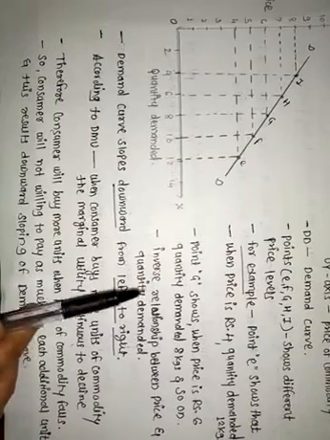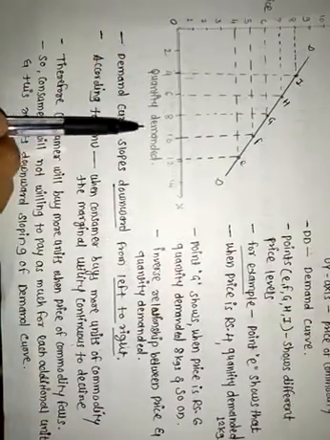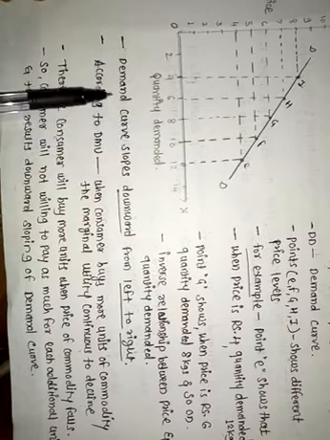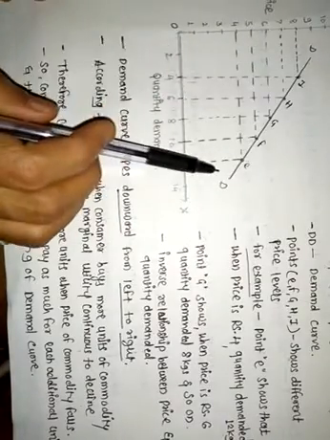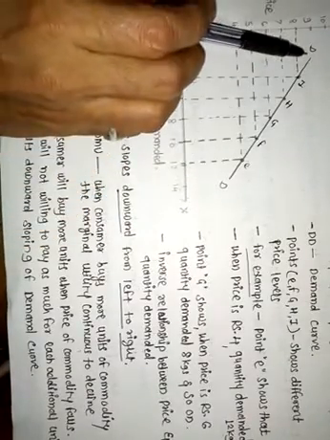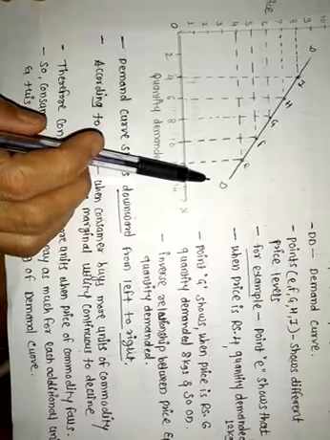Here it shows that there is an inverse relationship. Inverse relationship means opposite relationship between the price and the quantity demanded. Here the demand curve slopes downward from left to right.